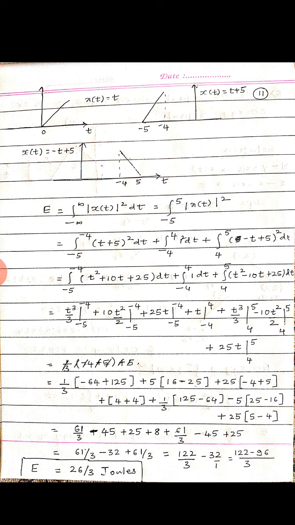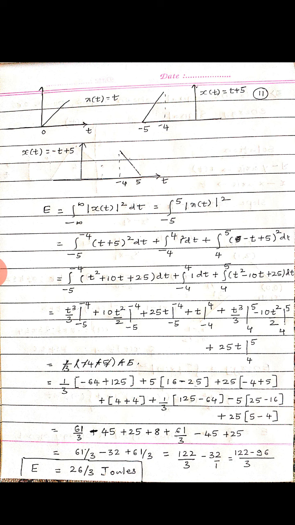Now let us integrate each term. In the first, t square integration is t cube by 3, apply the limits. 10 into t is there, 10 I will keep as it is, integrate t with respect to dt, so it is t square by 2 and apply the limits, plus 25 is there, 25 is a constant and the integration of 1 is t and again apply the limits, that is from minus 5 to minus 4 for all the terms.